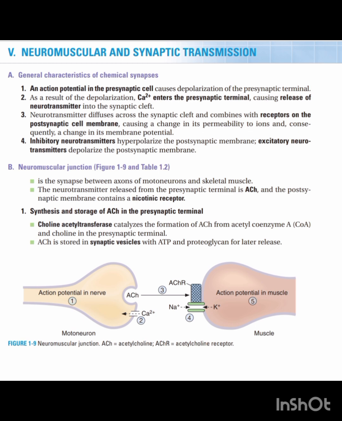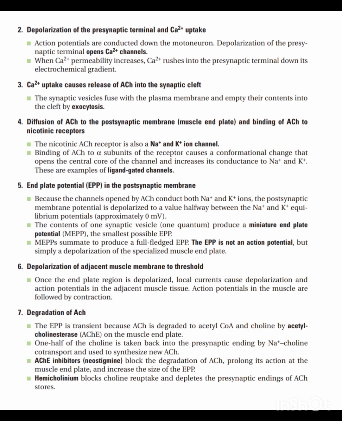And the next step is the depolarization of the presynaptic terminal and calcium uptake. So the action potentials are conducted down the motor neuron, causing the depolarization of the nerve terminal, and this depolarization of the presynaptic terminal opens the calcium channels. Remember, in the diagram, we have discussed it, and when calcium permeability increases, calcium rushes into the presynaptic terminal down the electrochemical gradient because calcium is present in a higher concentration outside the neuron.